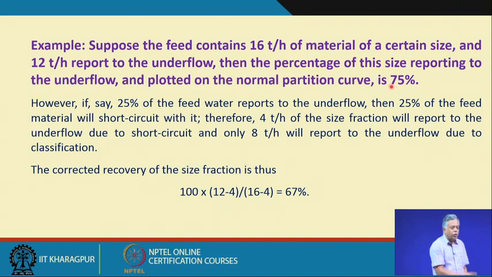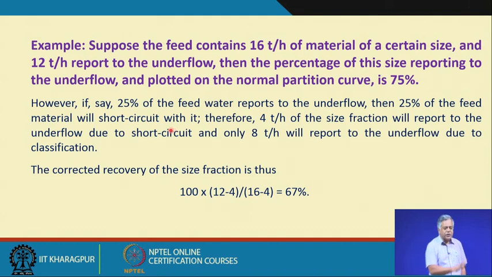That is how the original curve is plotted. Now, what is this group of researchers have proposed based on that? That is, if say 25% of the feed water reports to the underflow, then 25% of the feed material will short circuit with it.